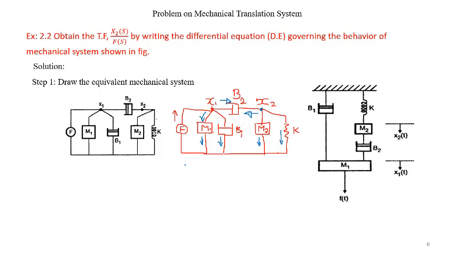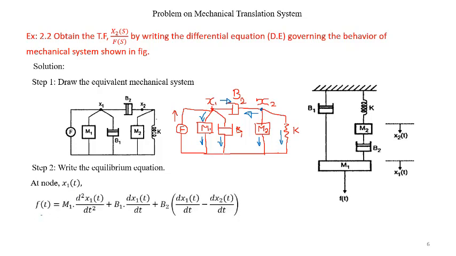Based on this equivalent mechanical system, we write the equilibrium equation. At node x1 of t, we are having the input force, that is F of t.